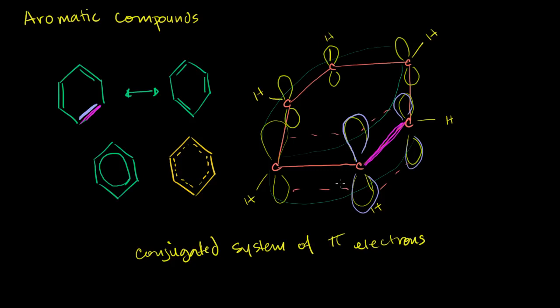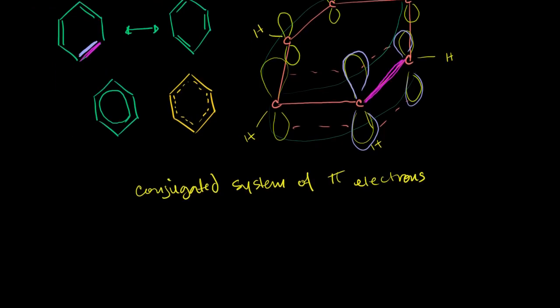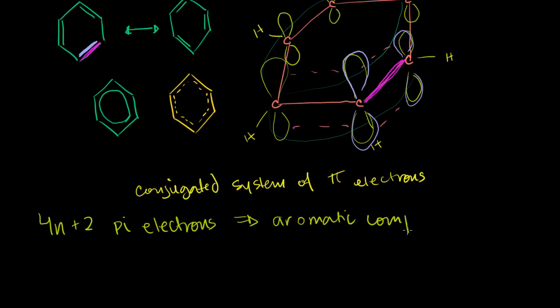And the most typical one you're going to see is a 6-carbon ring with 3 double bonds, benzene, or things derived from it. But there actually are more general ones. In general, anything that has 4n plus 2 pi electrons in a cycle is going to have aromaticity, or it's going to be an aromatic compound.